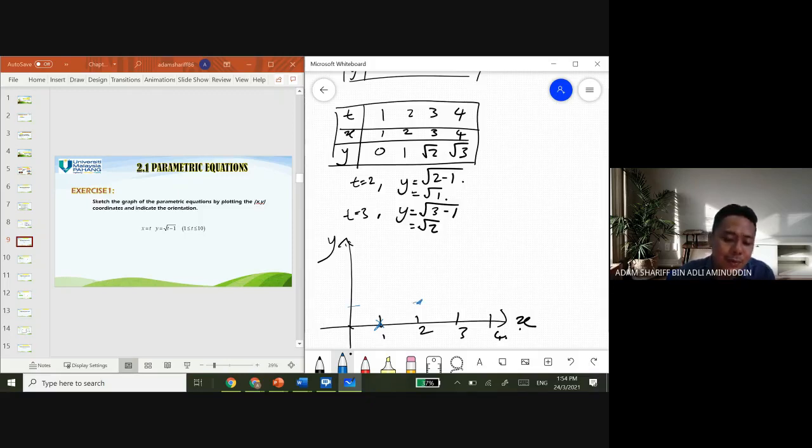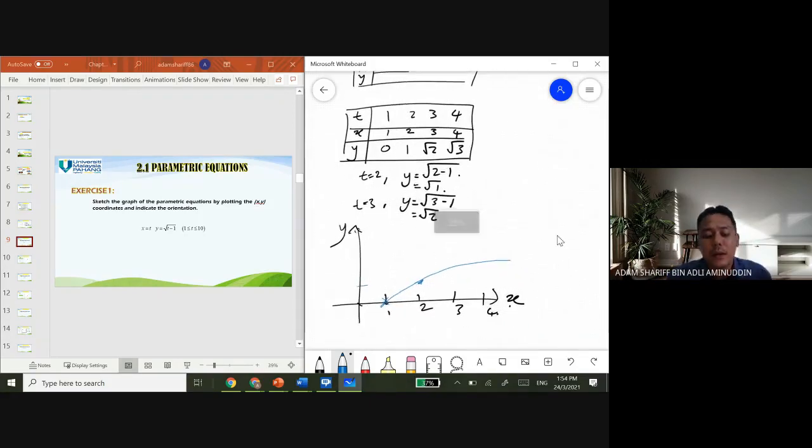Okay, the next one should be very challenging because this is square root of 2. So square root of 2 is equivalent to 1.4 something. So actually, when you draw this nicely, it will be some kind of graph which is moving logarithmically. Dia akan exponential macam tu.